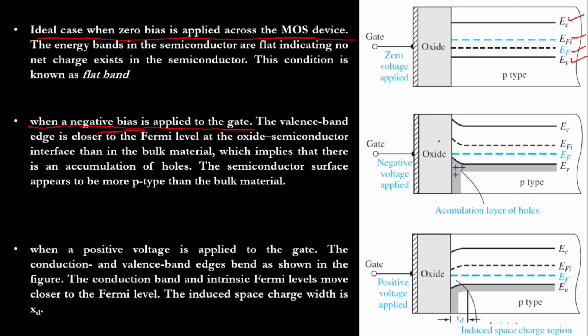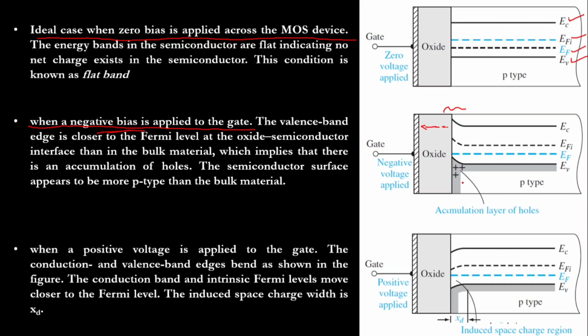So near this oxide and semiconductor junction, what will happen? The holes are going to accumulate here because of the electric field, the direction of the electric field towards this metal plate. So holes will experience a force towards this junction.